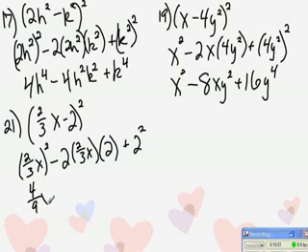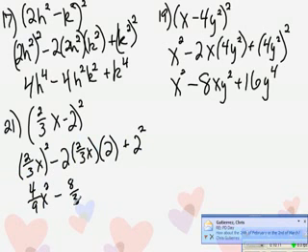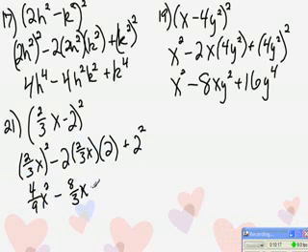So I get 4 over 9 x squared. 2 times 2 is 4, times 2 is 8, so 8 over 3 x, sorry, and 2 squared is 4. Alright, that is the end of that page.